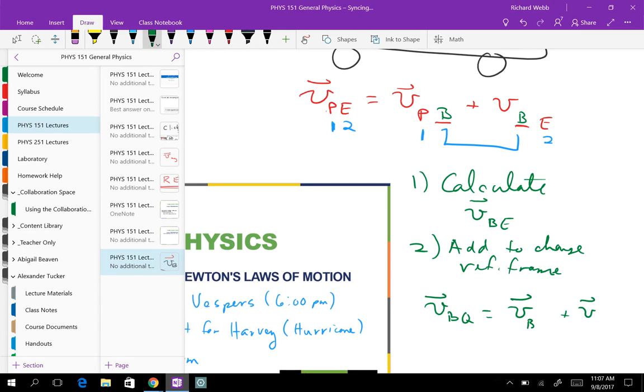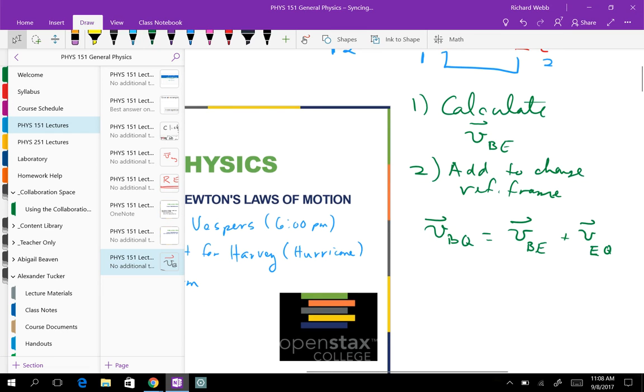Okay, it's going to have to be ball. What's the second subscript going to be for the second one? Q. And then what are the subscripts going to be in between? Well, clearly for the ball, we have ball earth. So it's going to be earth here, which means this one has to be earth as well. But we were given the velocity of the quarterback with respect to the earth, not the velocity of the earth with respect to the quarterback.